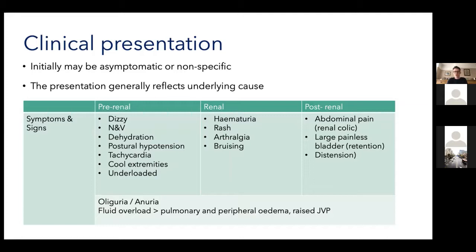With renal, you've got those more intrinsic symptoms, which again, Genevieve will be going through, like rash, arthralgia, bruising. And post-renal, you're getting those obstructive symptoms like renal colic, a distended bladder.